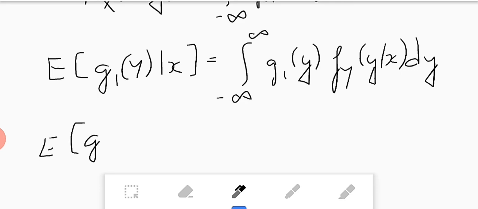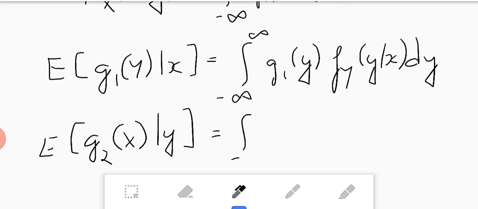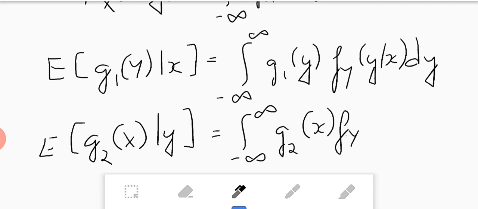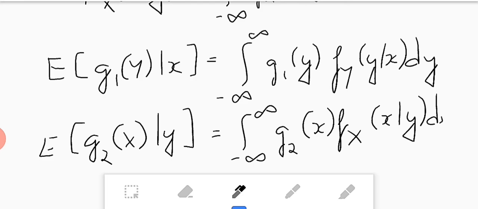Similarly, for the other variable, let's take g2 of x given y, the integral from minus infinity to infinity of g2 of x times fx of x given y dx.